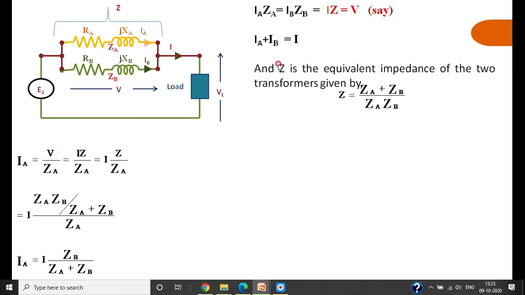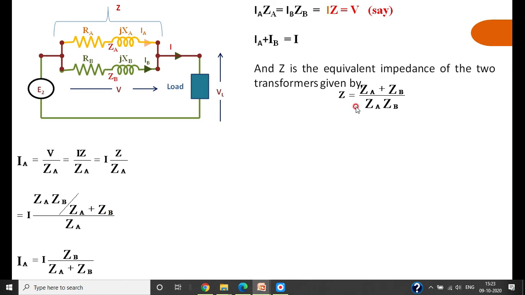What is V? V is nothing but I into Z. Therefore, I into Z divided by ZA. Z is ZA ZB divided by ZA plus ZB. That can be substituted in this equation, that is Z by ZA, which is ZB divided by ZA plus ZB.